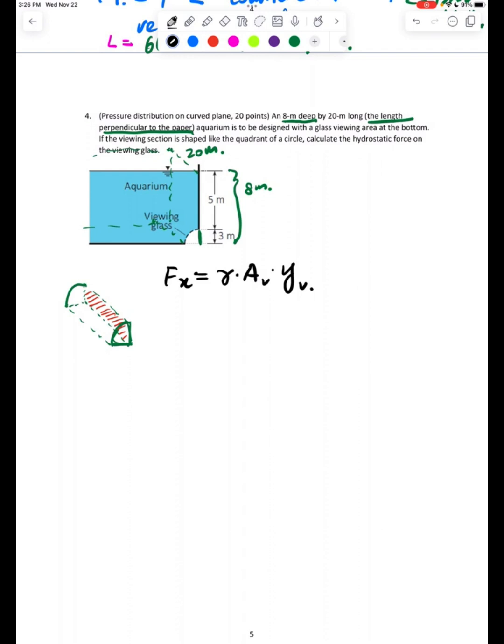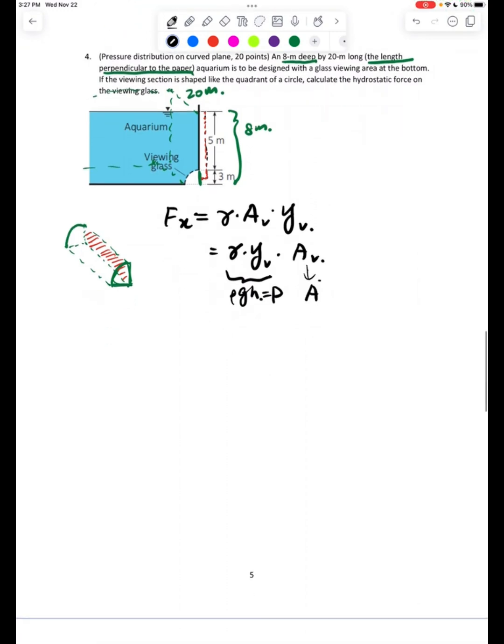So your YV should be here. This part, let me highlight it in red. So this part is YV. So let's reformat it as gamma multiplied by YV multiplied by AB. This part is rho g h actually. And then multiply by the area. Then you get the force, right?